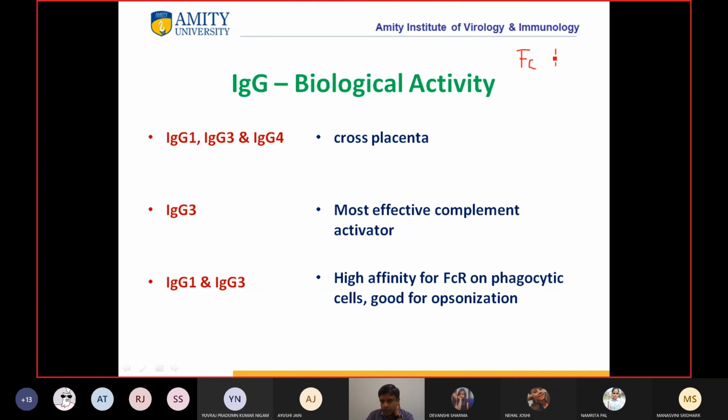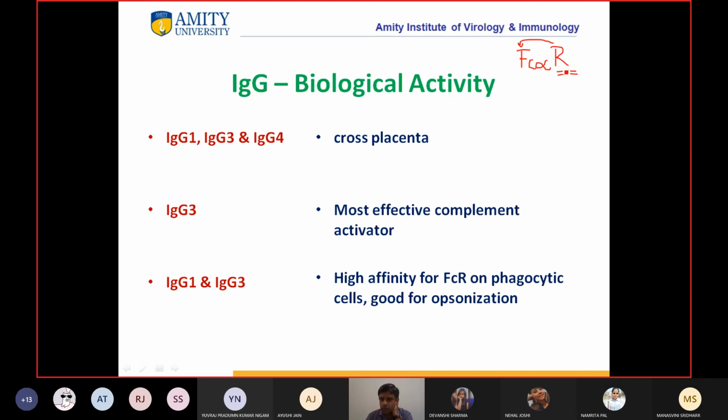And when we put R, it's the receptor. So we are now talking about the receptor of FC region of what? Suppose we are talking about the receptor for IgA, so it would be alpha here. So FC region of IgA and receptor.